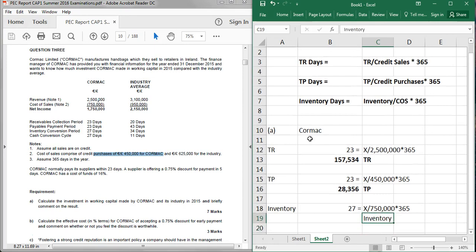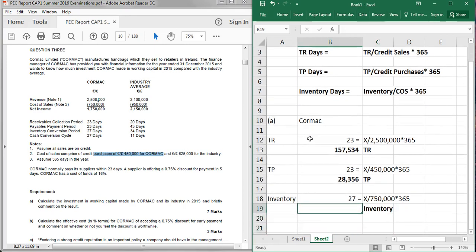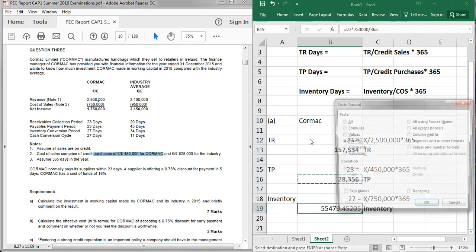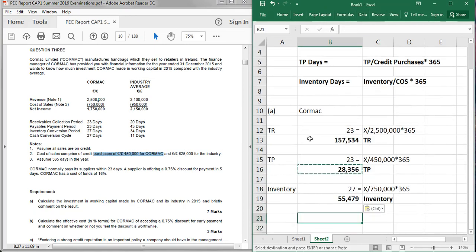Our inventory then is 27 times 750,000 divided by 365. So your inventory then is about 55,479.